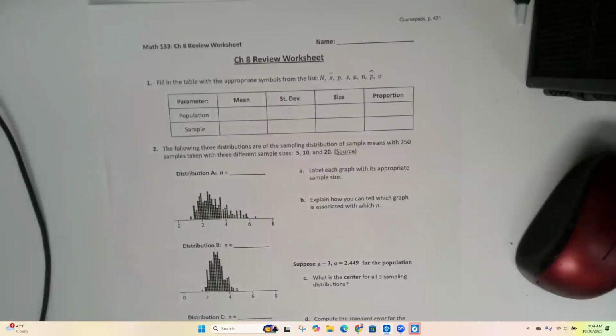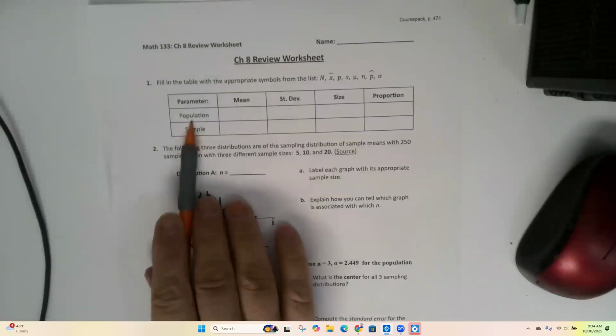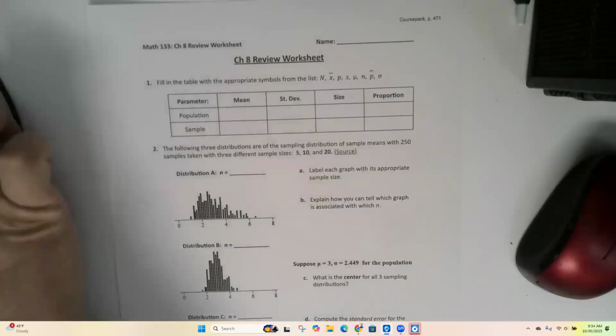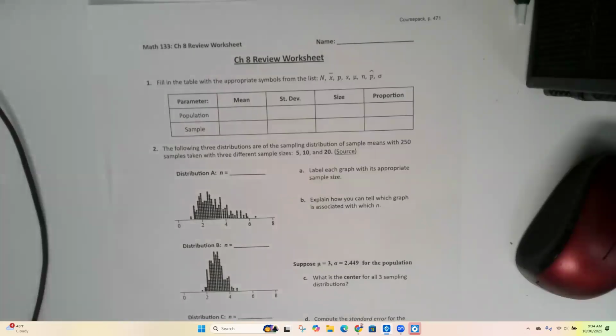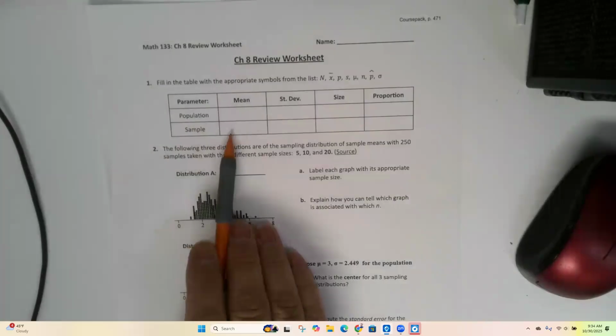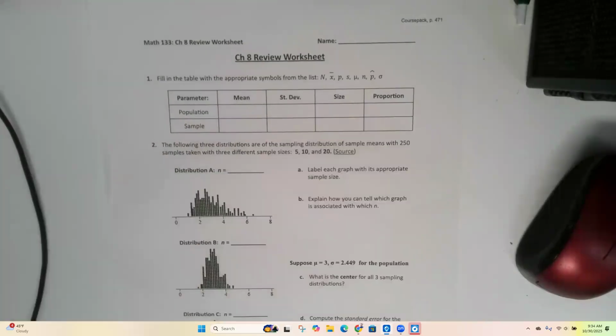When you have a population, that population is usually very large in practice, millions of people, and you can't measure the entire population. So we take a sample instead, and we use the mean or the proportion from the sample to approximate what the population mean or proportion would be.